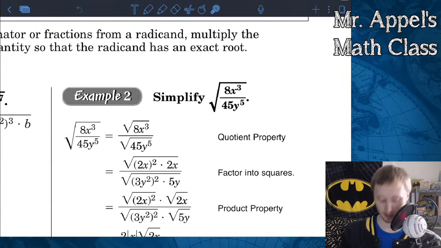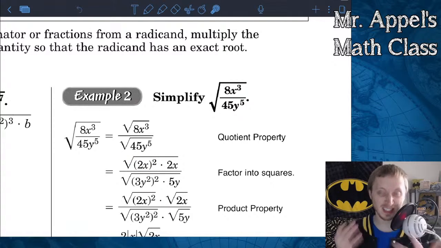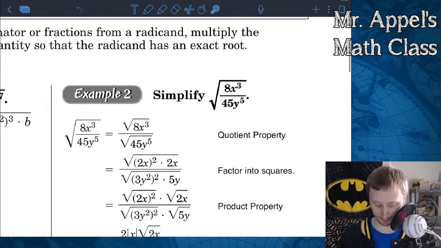So instead, let's try to take the square root of pieces individually. Can we square root anything up here? Yes, we can. I can split 8x cubed. I can treat that as 2x squared times 2x. So we take the x out, and we take a 2 out at least. We can at least do that much, and that simplifies.